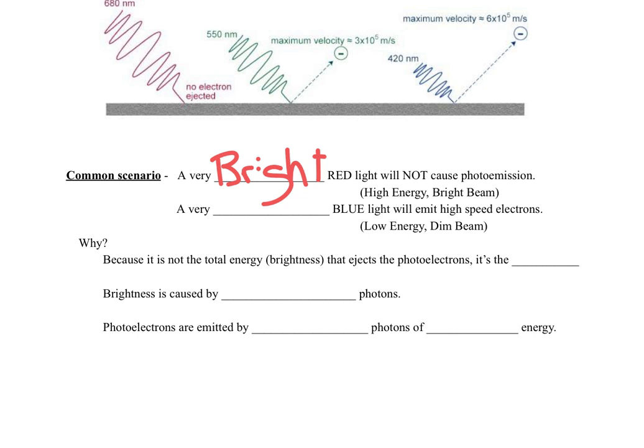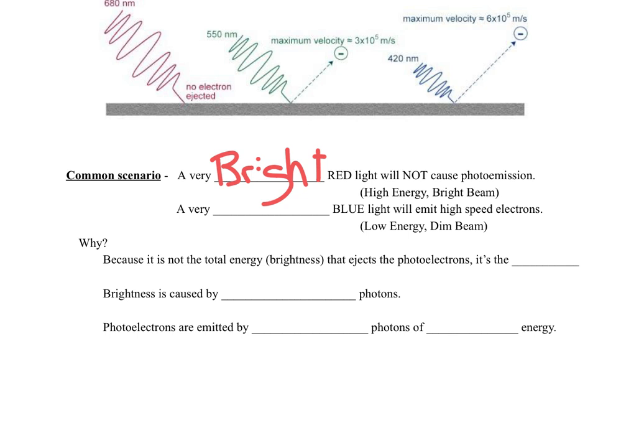There will be no photo emission, because it's the individual photons that eject the electrons. Once again, that lends support to the particle nature of light, that the light is acting like a particle. You're not lumping a bunch of photons together in one continuous energy stream. They're distinct pieces of energy.